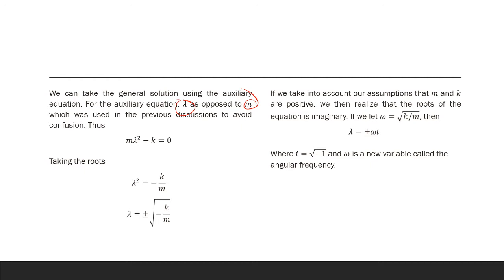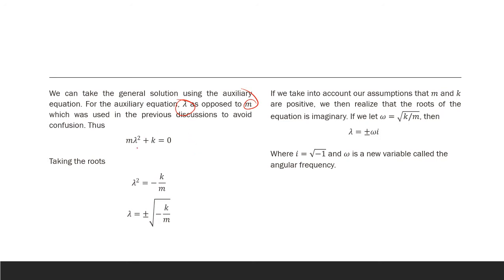Kaso, since mahirap i-type kasi yung lambda before, so M yung ginamit natin. So ginagamit din talaga yung M for auxiliary equation. But for this discussion, ang gagamitin natin is lambda para hindi nakakalito with M kung yan ba ay mass or ano. Kasi baka magtanong kayo ba't lambda yung gamit natin ngayon? Eh dati M yung gamit natin. So iniba lang natin for the sake of to avoid confusion.